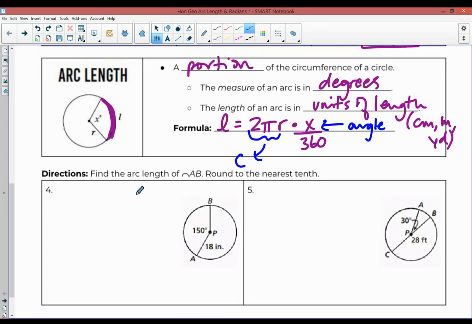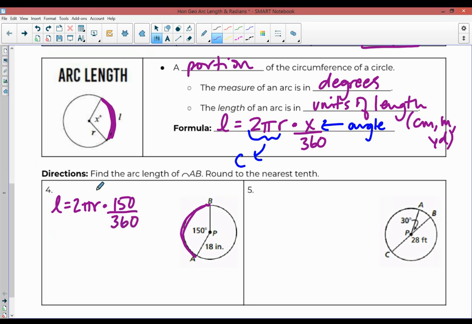So let's use this formula to find the arc length of arc AB. Arc AB is right here. So we'll use the same formula, 2 pi r times that degree, which is 150, divided by 360.